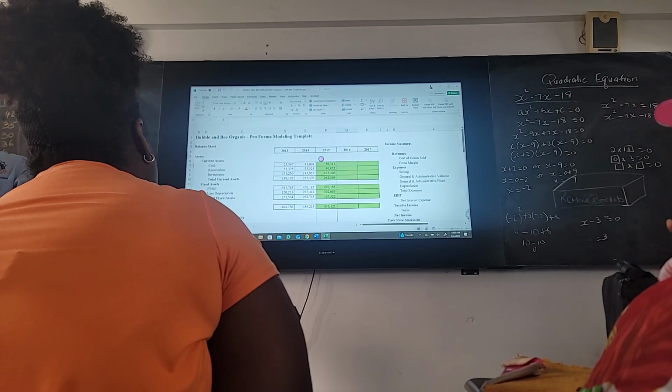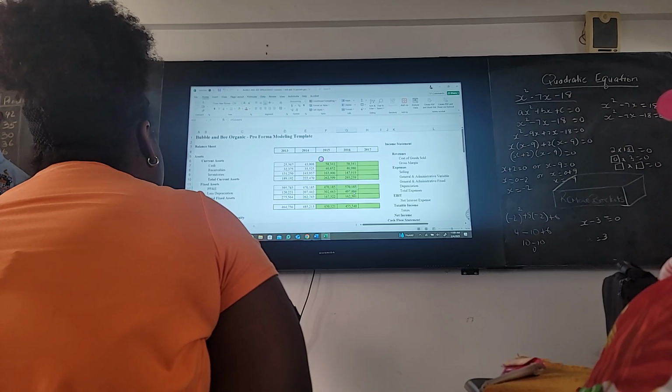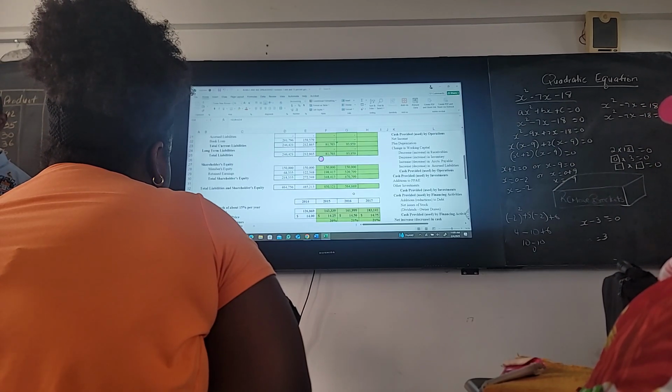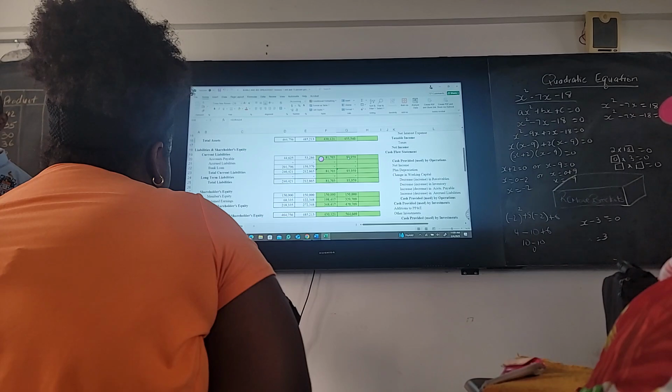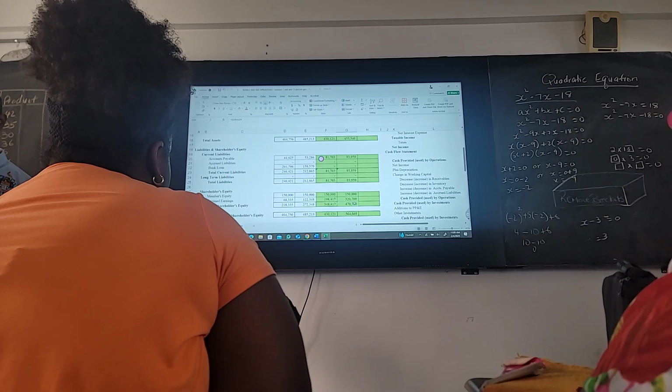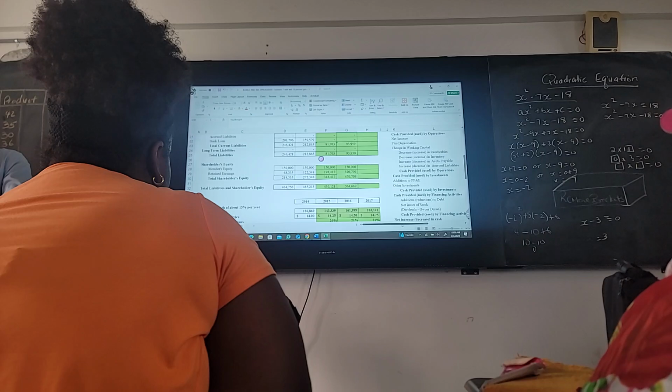So let's see if any of these numbers look a little shocking. Property, plant, and equipment. I think we did buy the 100,000. That's the depreciation, 455. Okay, so accounts payable, bank loan. Let's go across.